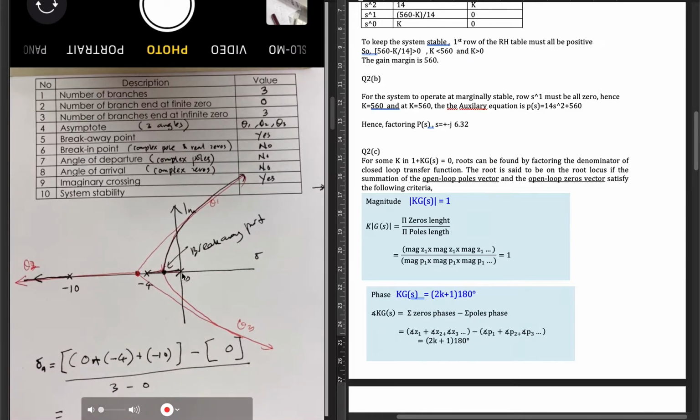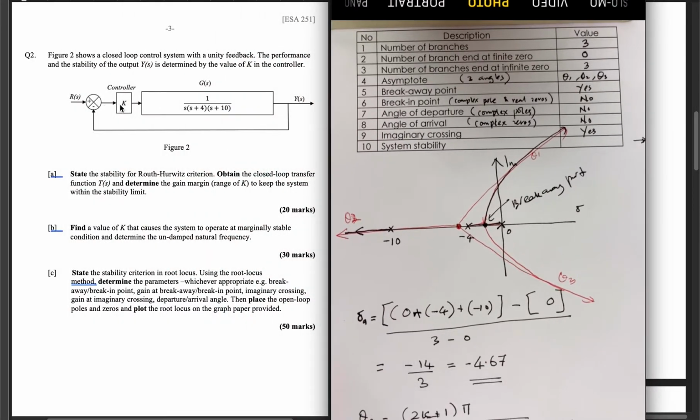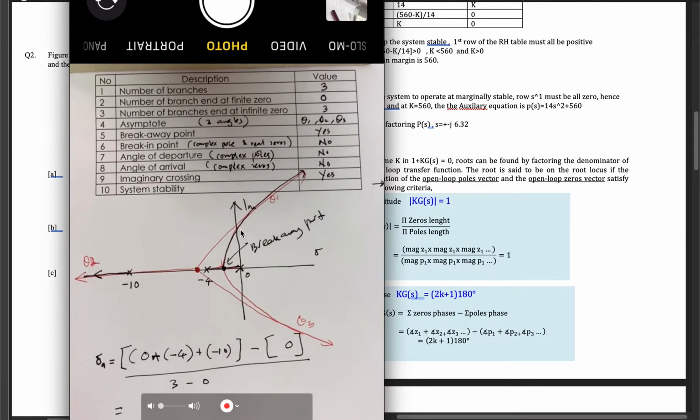As k starts from 0 here and we increase the k value, the roots of the closed loop system move in these directions, all the way to infinity as k increases, right? But to keep the system stable, k must range from 0 until 560, as we calculated before. So that is the margin for the system to be stable, right?